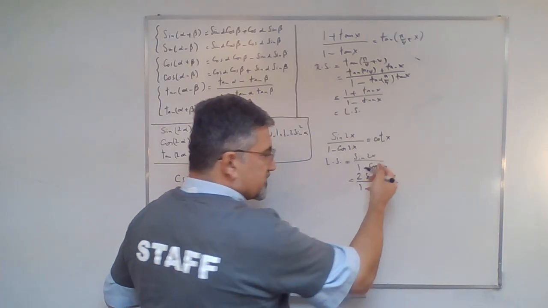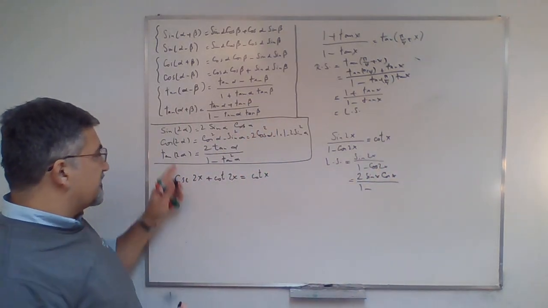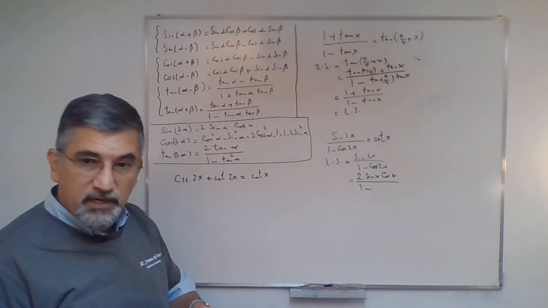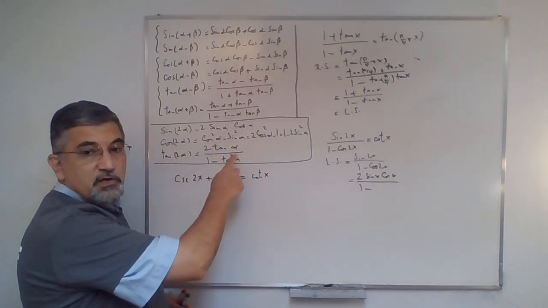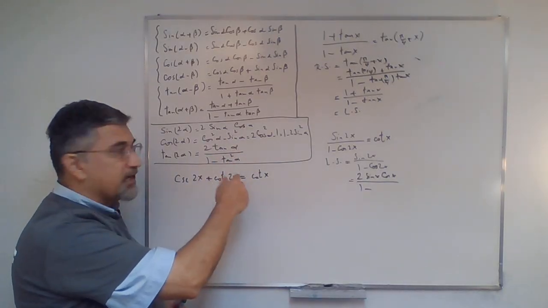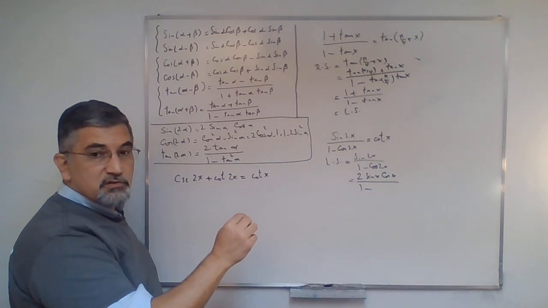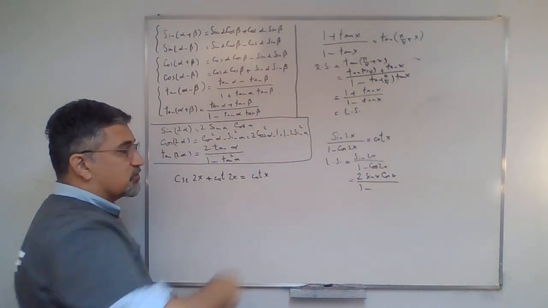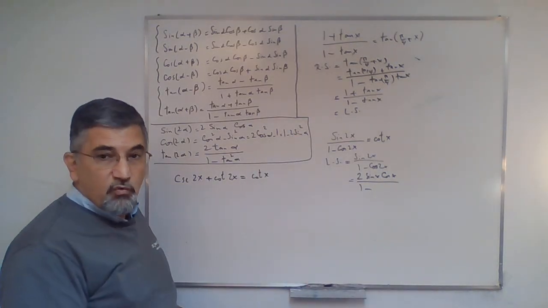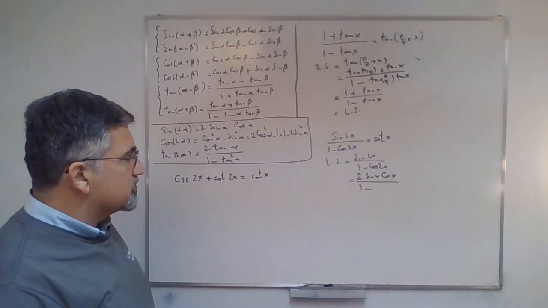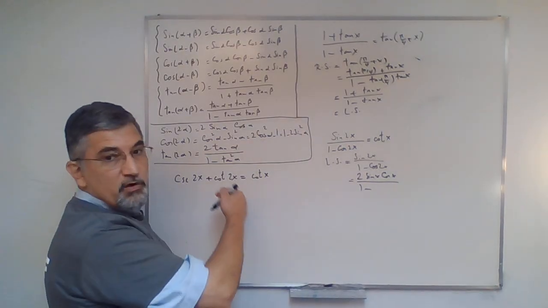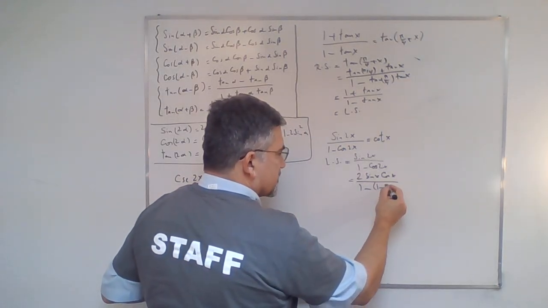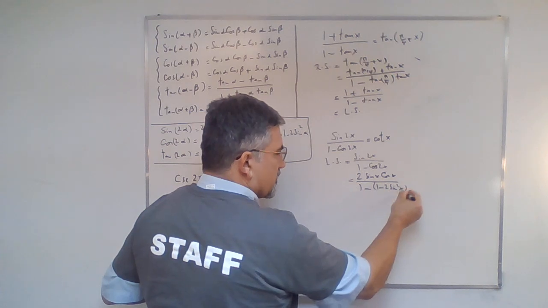And then 1 minus, instead of cosine of 2x, I actually have 3 options to select. I can either use the first form, which is expressed in terms of cosine and sine, or the second form, which is in terms of cosine only, or the third one, which is in terms of sine only. So this time I'm going to select this last one: 1 minus 2 sine squared of x.